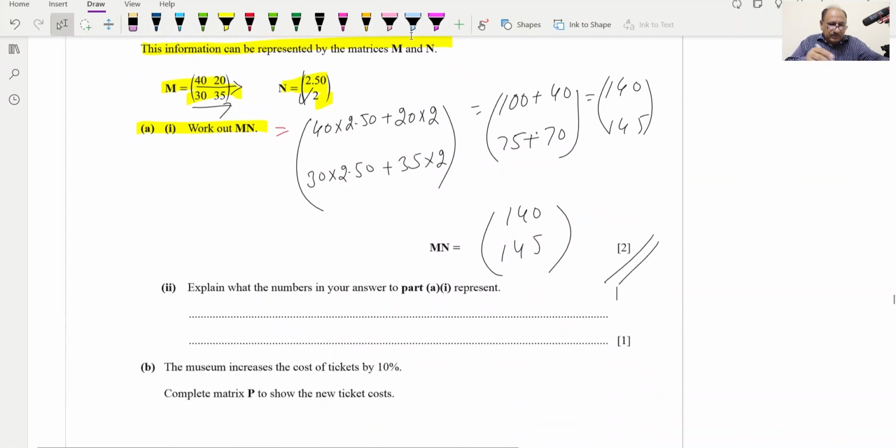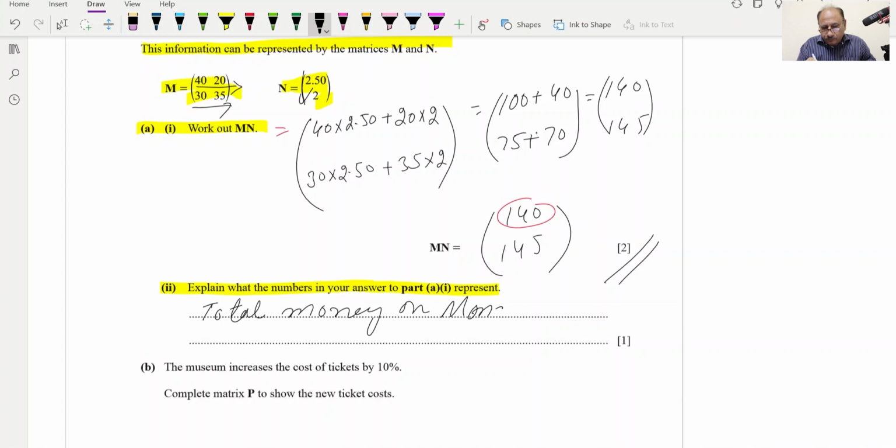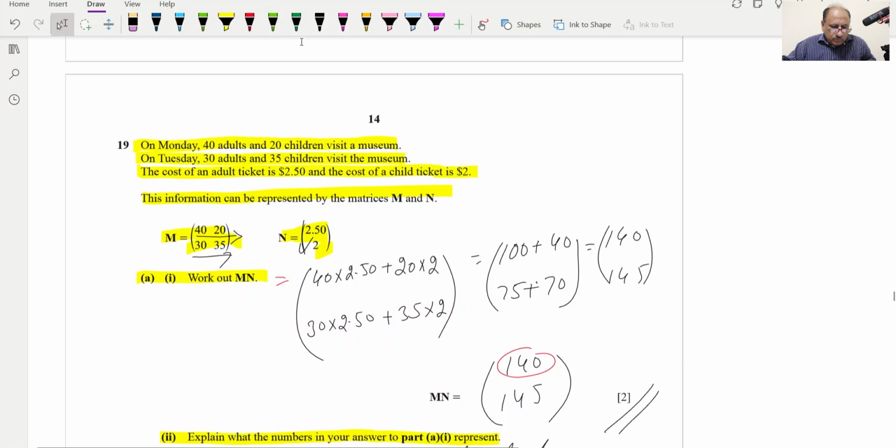Then the second part of this A, explain what the number in your answer to part A1 represents. So this number, which is 140, represents total money on Monday.